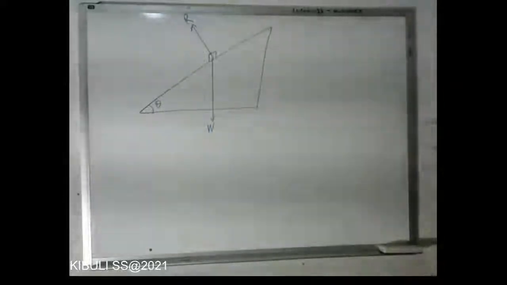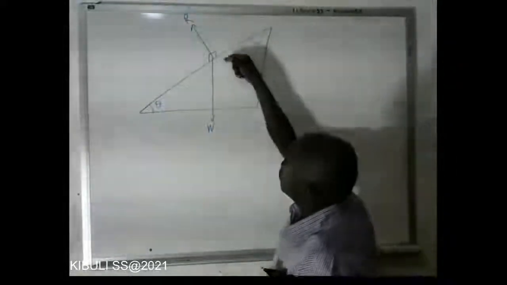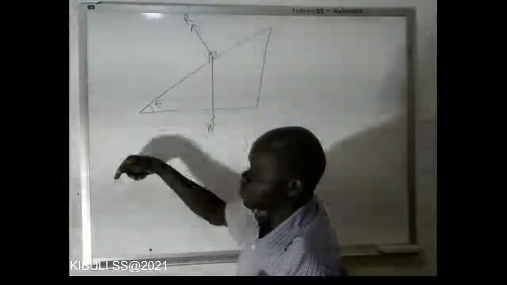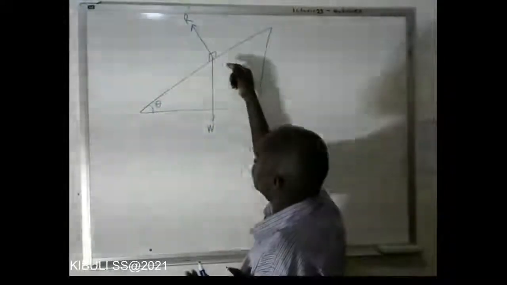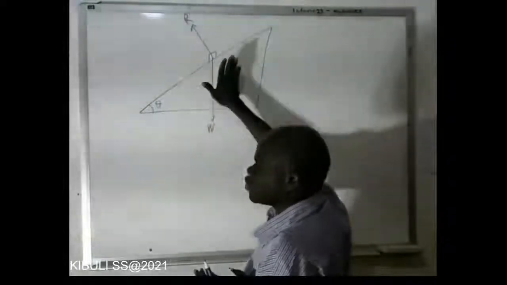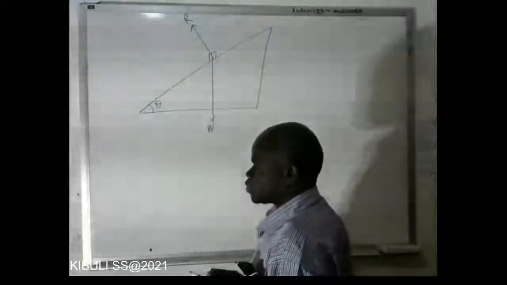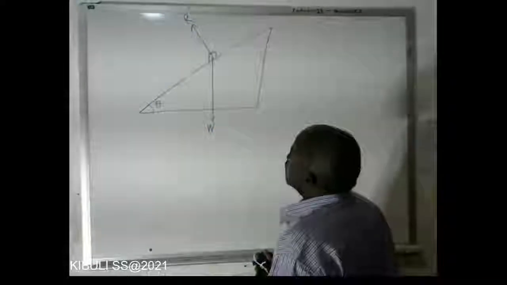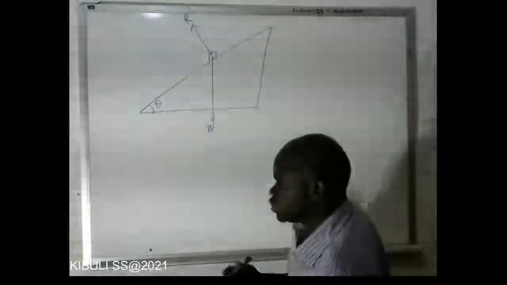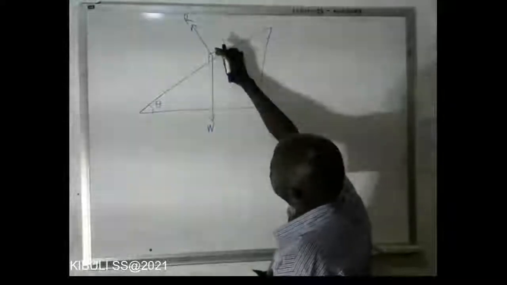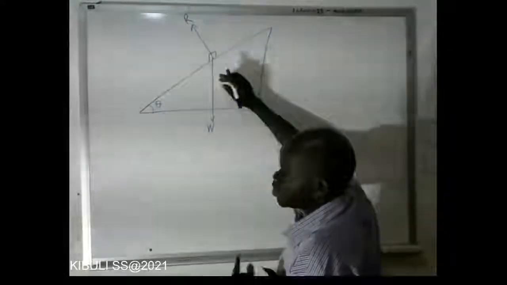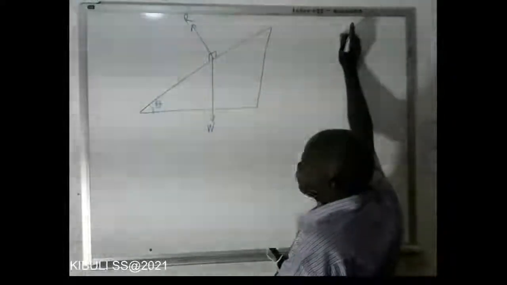So if this body is to move, it will move down the plane. On its own, it will move down the plane. It cannot move up the plane. So friction opposes that motion. The frictional force between this body and the plane must be acting up the plane.